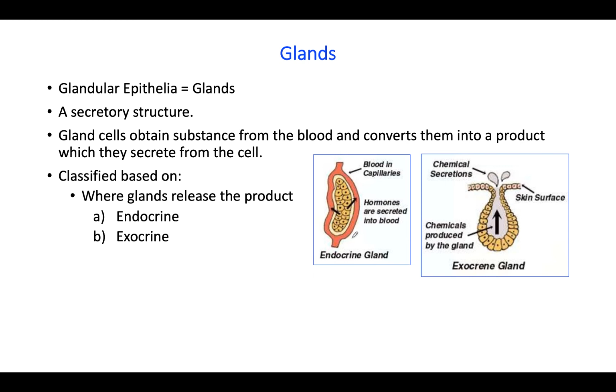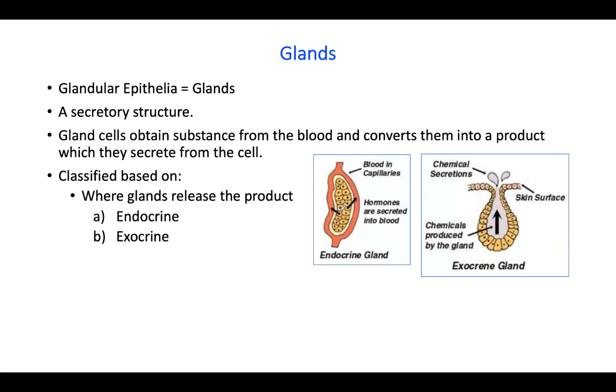Gland cells obtain substances from the blood. Can you see this blood in the capillary? And gland cells convert the substance received from the blood into a product and secrete an aqueous fluid that usually contains protein. And they secrete it to the blood.